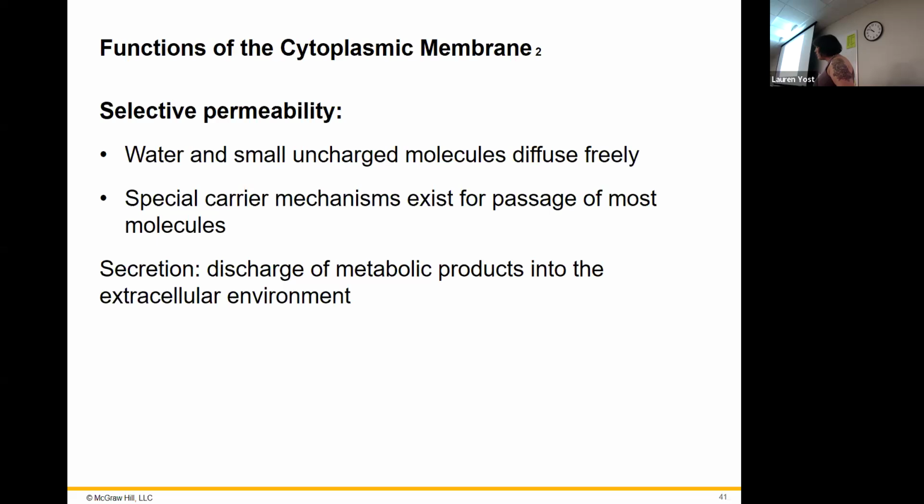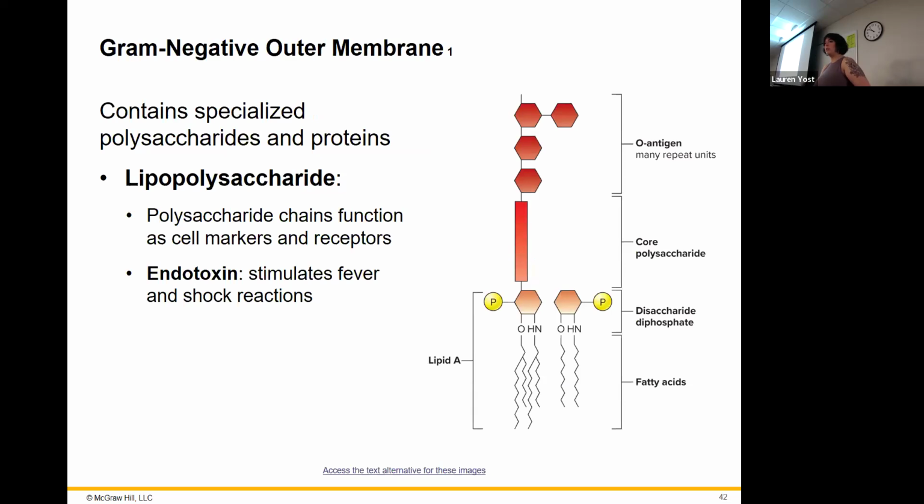If you need to move anything else across, you have to have either a pore that lets it through or an active mechanism to move it through. Especially if you're producing toxins or trying to digest things outside of the cell so you can absorb them, you have to do that through one of those pores.